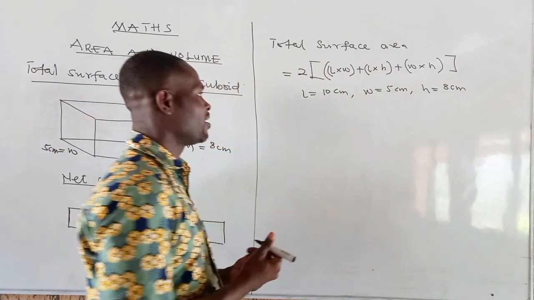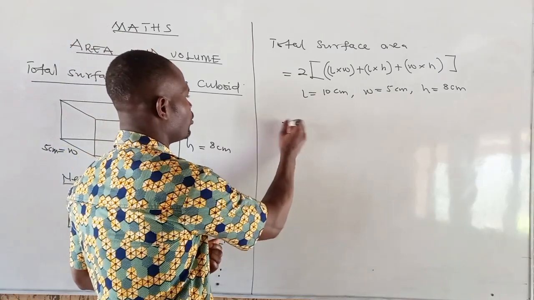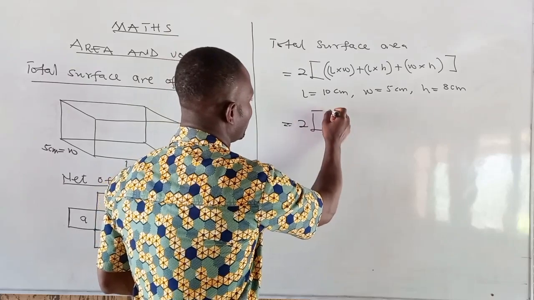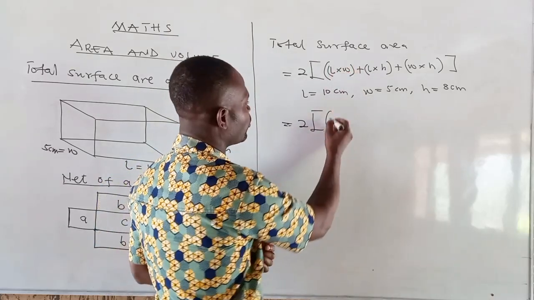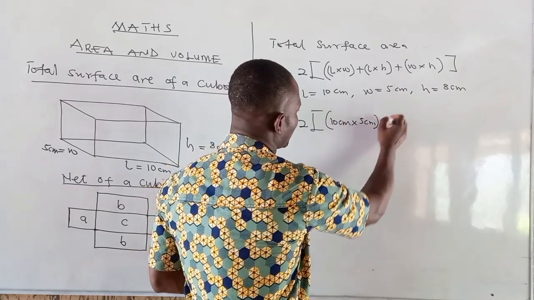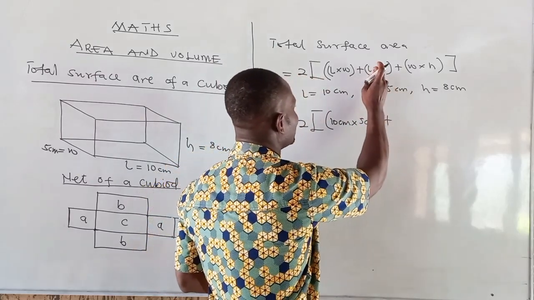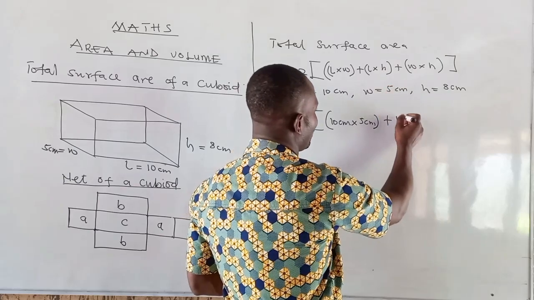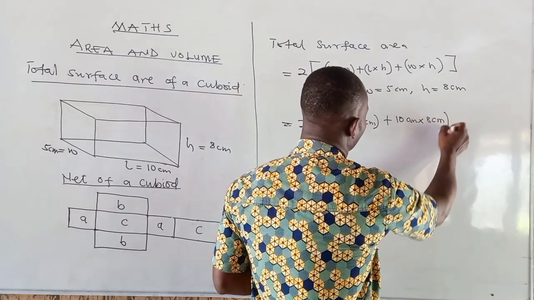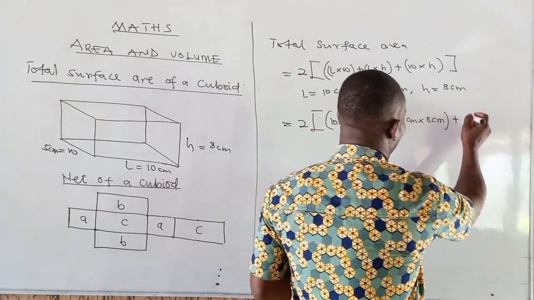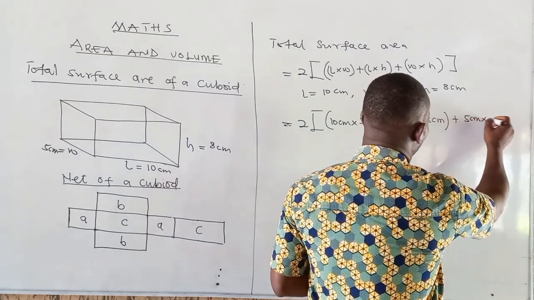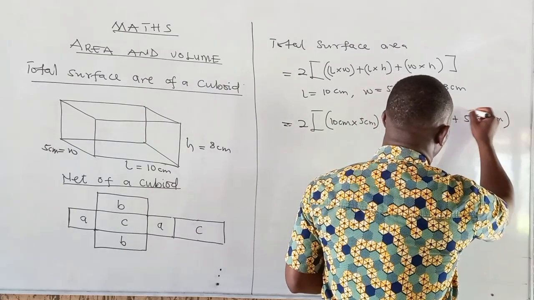Now let's come to the total surface area. So use the formula, 2 outside the bracket. The first one, the length and the width. So the length is 10 centimeters and the width 5 centimeters, plus the length times the height, 10 centimeters times 8 centimeters, plus the width and then the height, 5 centimeters times 8 centimeters.